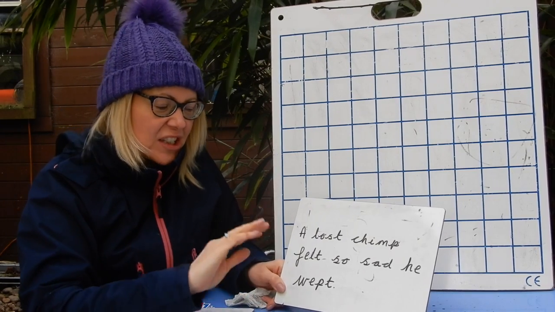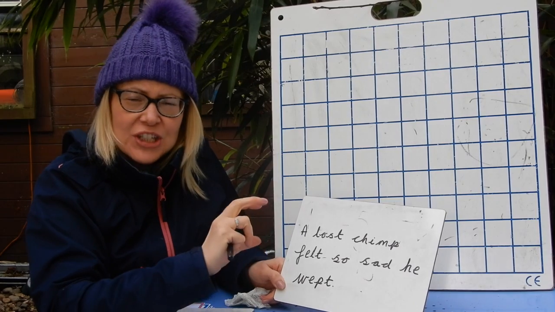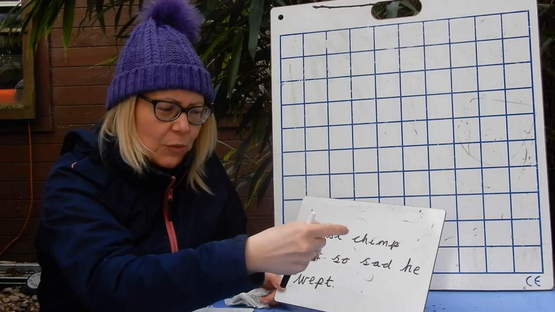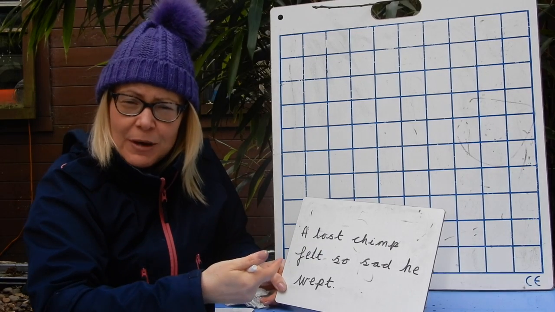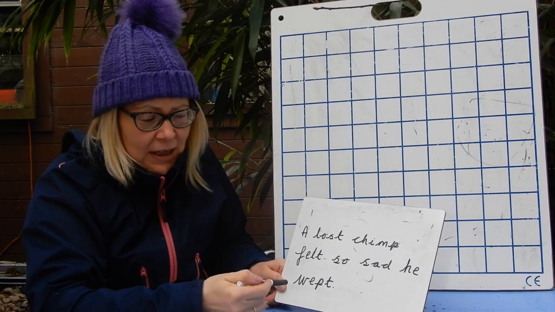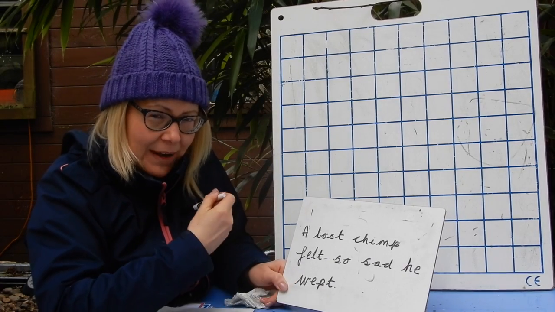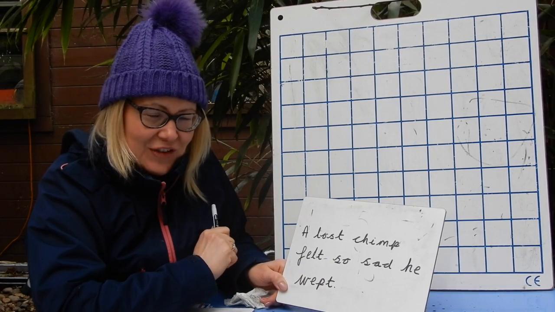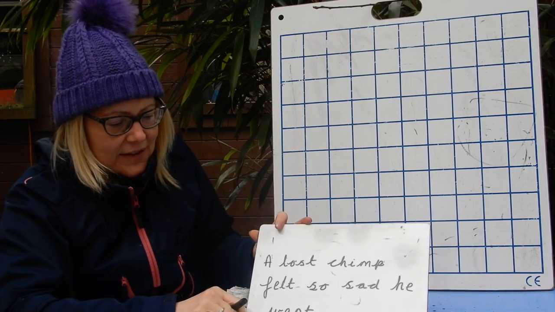Now, if you just think it looks like too much, just tackle one word at a time. And if a word just seems too tricky, read the other words before it and after it. And it might make some sense. You might be able to make a bit of a guess looking at the first sounds, what that word might be. But you do know all of these sounds in this sentence, and those that are being tricky, we've just been pointing out to you. So, look out for those common exception words, those slightly tricky ones, okay?